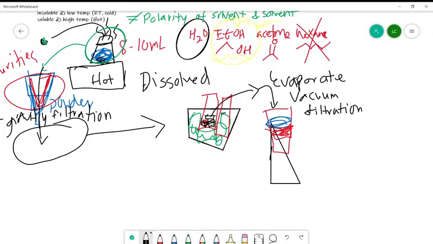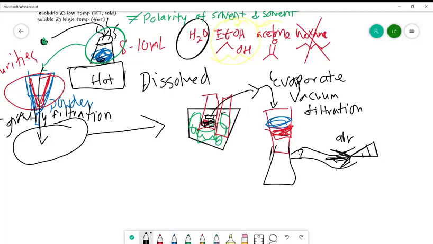So essentially, you have a filter flask, and it's connected to the vacuum nozzle. Actually this way. There we go. So air just flows through, and you're pouring through the solvent so it basically dries.